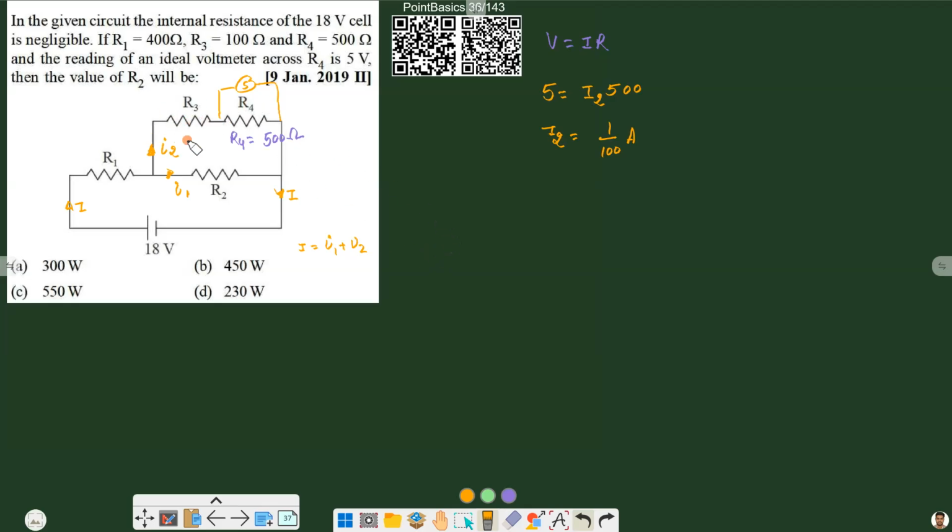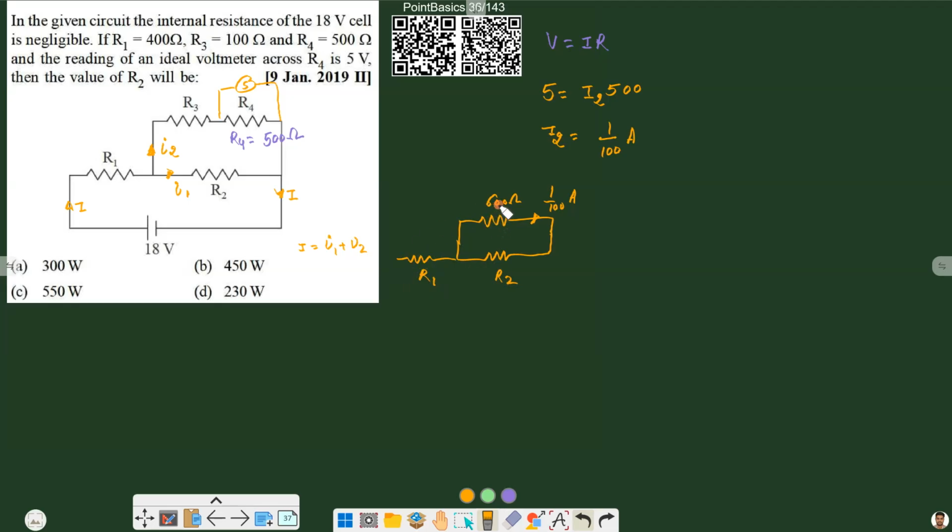Both can be replaced by a single resistor of value R3 plus R4, which is 600 ohm, and the current flowing through this resistance is I2, equal to 1 by 100 ampere. Now this circuit looks something like this: we have R2 here and we have R1 here.